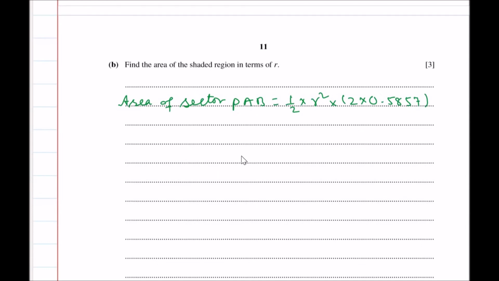If you simplify this, we get 0.5857 r squared.